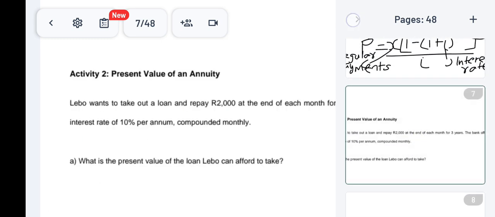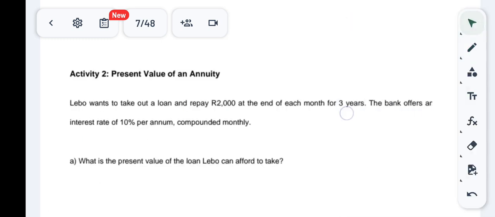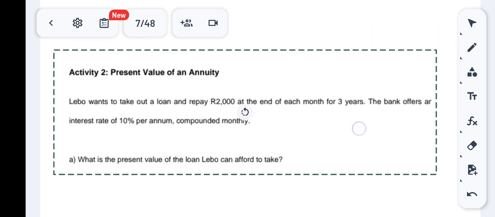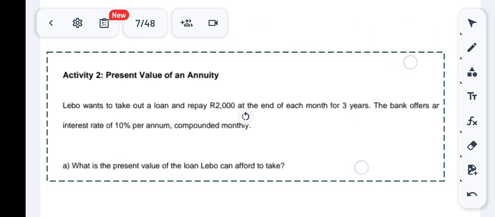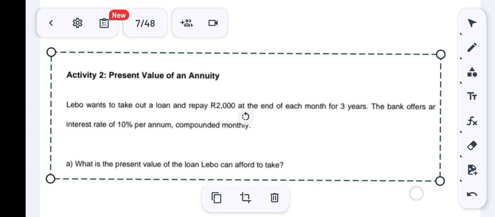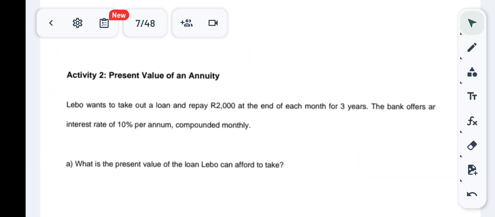So let's go to the question. Let me try to zoom. Lebo wants to take out a loan and repay 2,000 at the end of each month for 3 years.